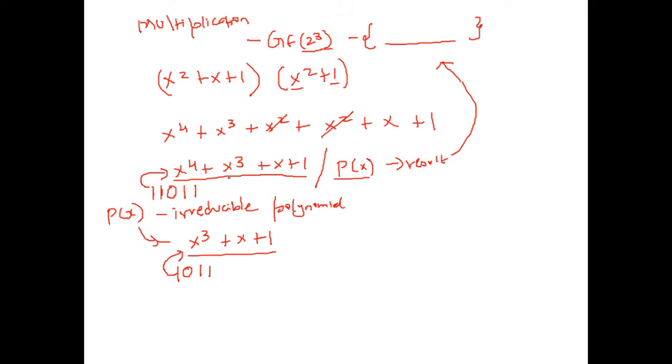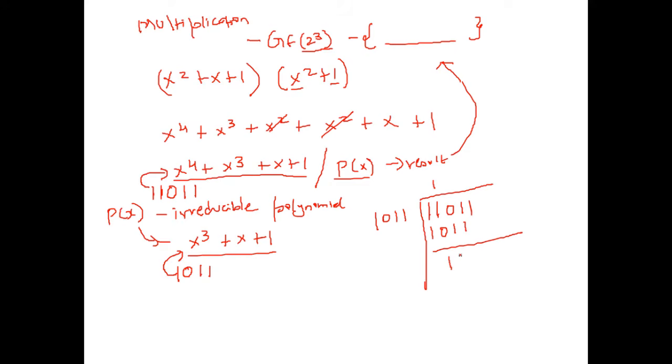So when you are dividing 11011 by 1011, how will you divide this? You're going to divide 11011 by 1011. So you just give a 1, so it becomes 1011. And again it's an XOR operation, 1 and 1 cancel out, so it's a 0.